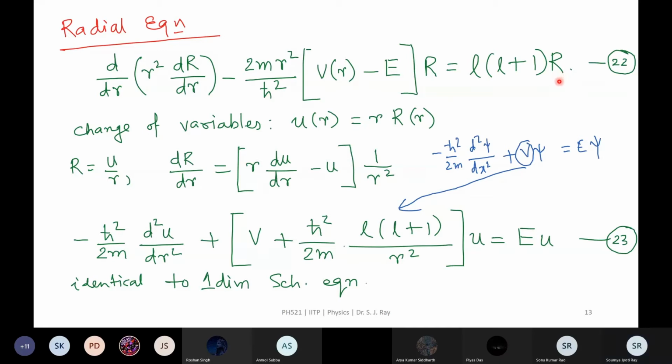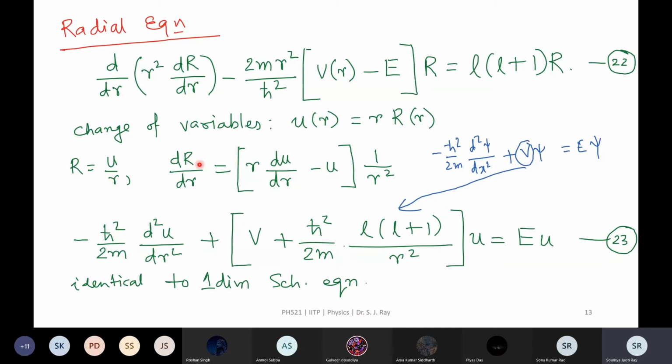Now, if we want to solve this, we will consider a change of variables. We consider a new variable u, which is also a function of r, as the product of small r times capital R. Then we take the first and second order derivatives, because R is u divided by small r.